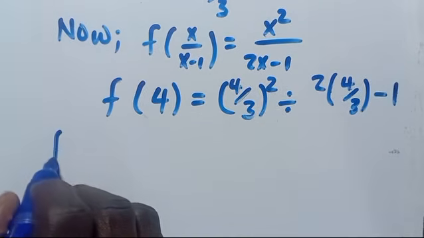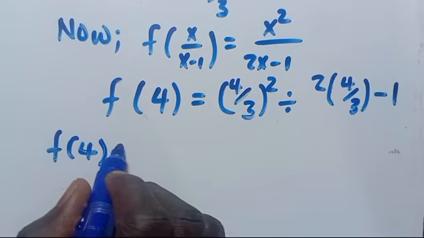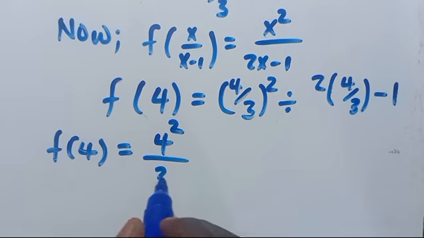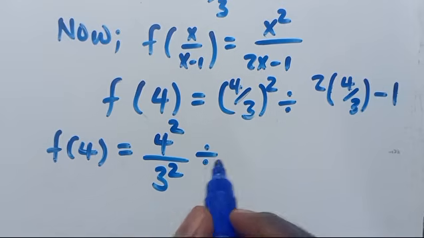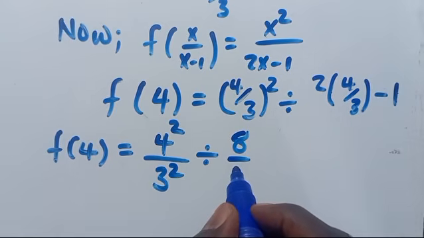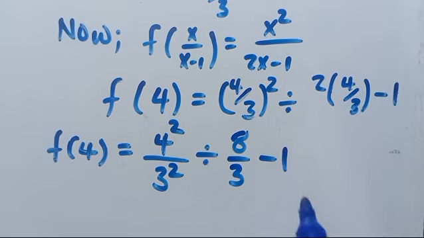So from here we have f of 4 equals 4 squared over 3 squared, divided by 2 times 4 is 8 over 3 minus 1.